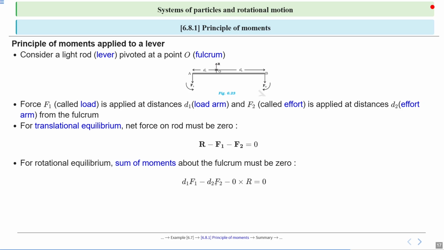So D1 F1 minus D2 F2 equal to 0, so we can say D1 F1 is equal to D2 F2. So load arm into load: here D1 is the load arm and load is F1, and the effort arm is D2 and effort is F2.